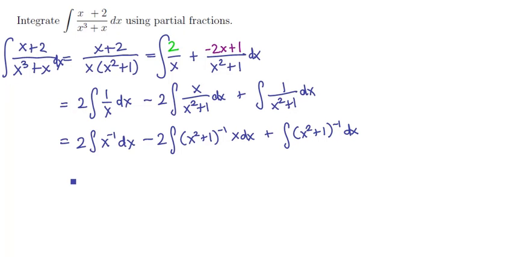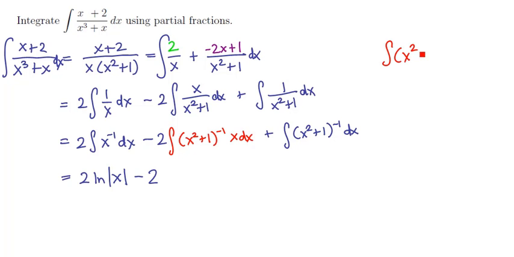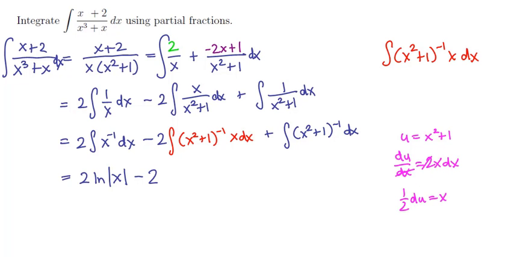This first integral is easy to attack. It's just a logarithm. The second integral, the one in red right here, is going to require substitution. So let's do some scratch work. We're going to have the integral of (x squared plus 1) to the minus 1 times x dx. If we try letting u be the expression in parentheses, x squared plus 1, then we're going to have 1/2 du is equal to x dx using the usual trick.